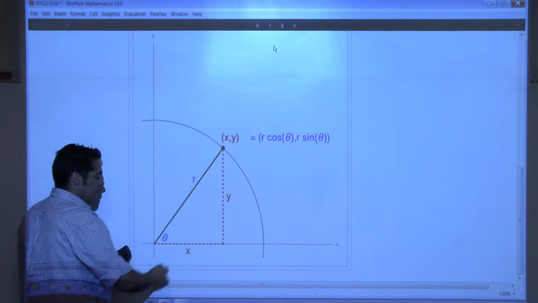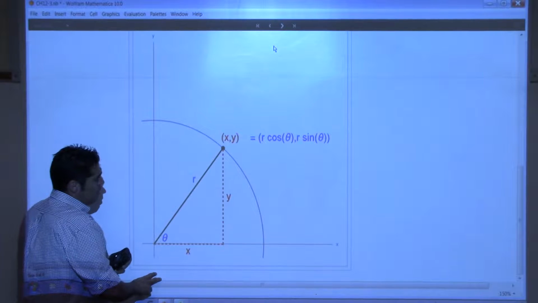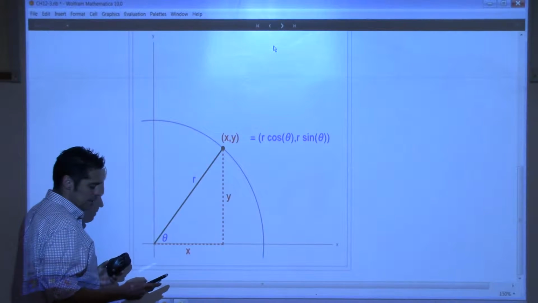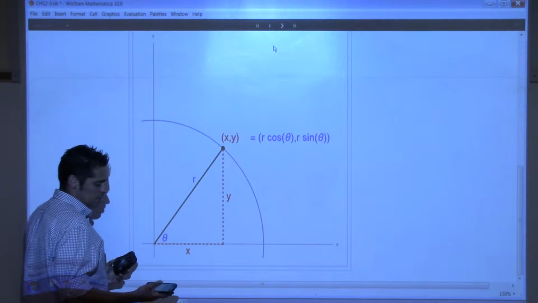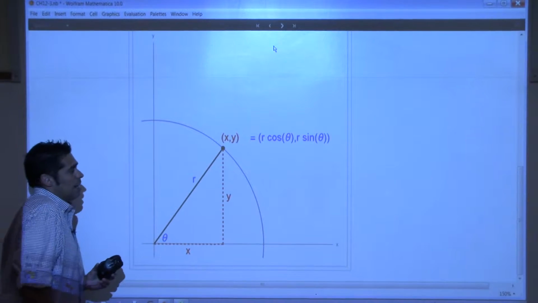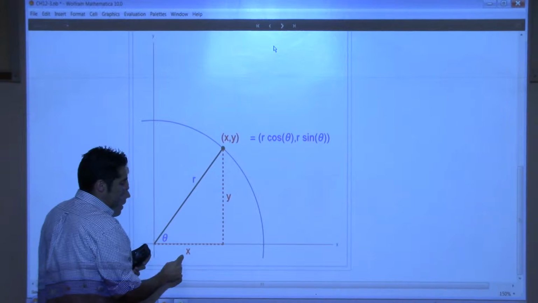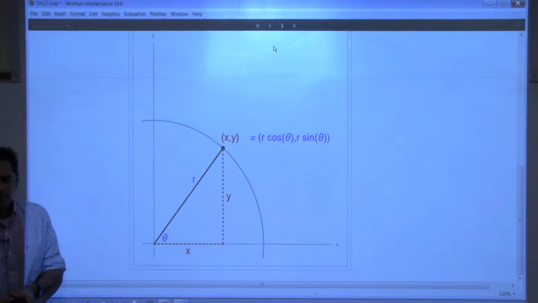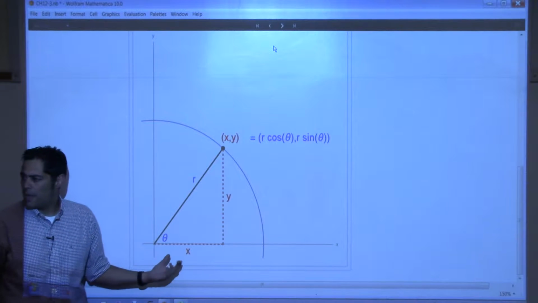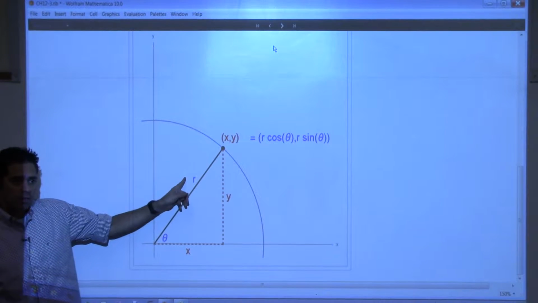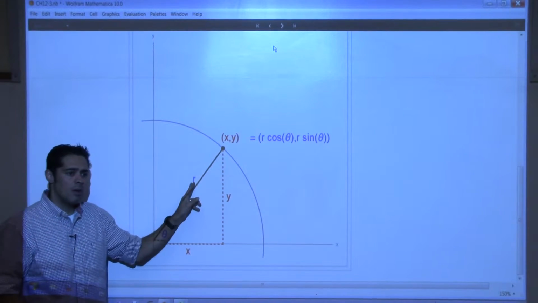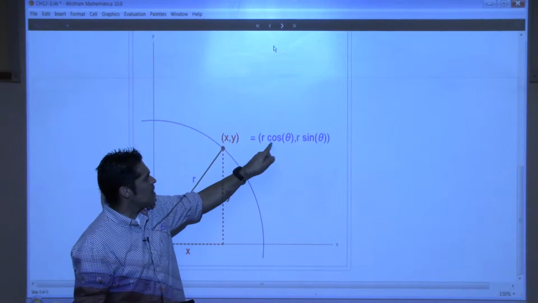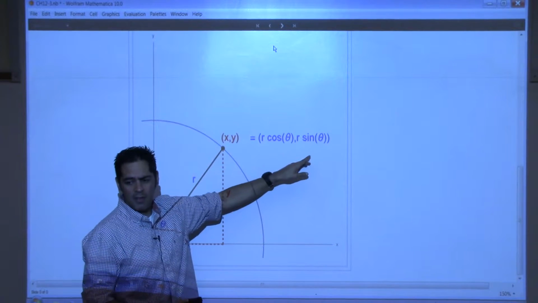We know from pre-cal that there is a relationship between the x and y coordinates and the angle and the radius, or the hypotenuse of this right triangle. Cosine of theta would be x over r, sine of theta would be y over r, and if we rearrange those equations, we get that x is r cosine theta and y is r sine theta, right?